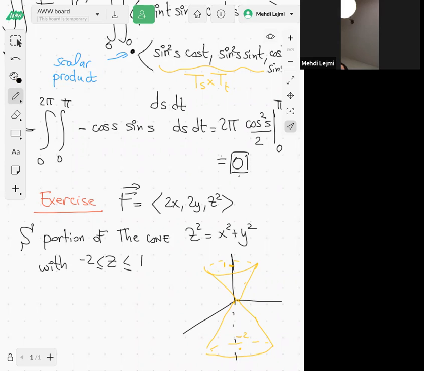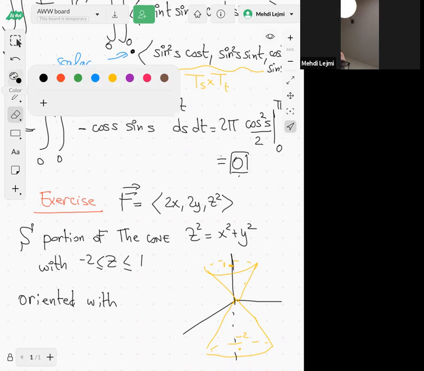And the orientation here: this portion of the cone is oriented with outward pointing normal. Let me use the red here for outward.